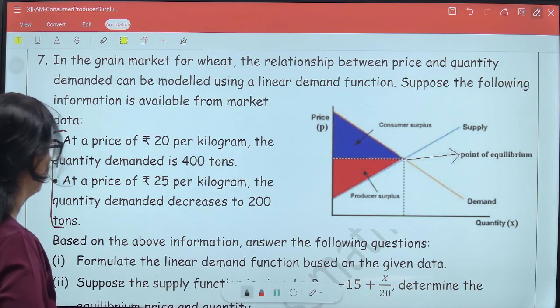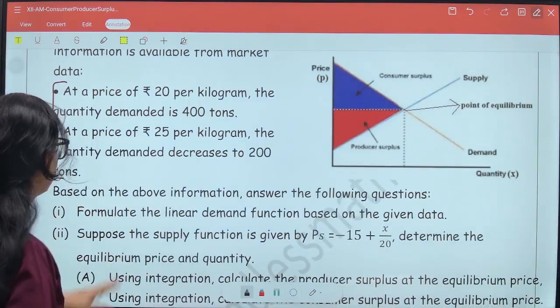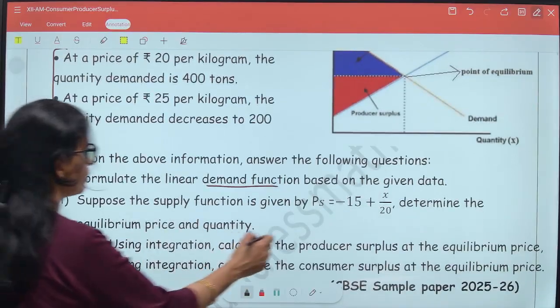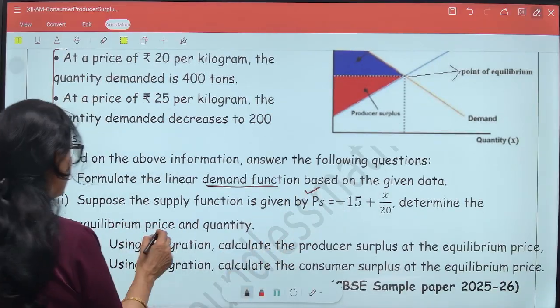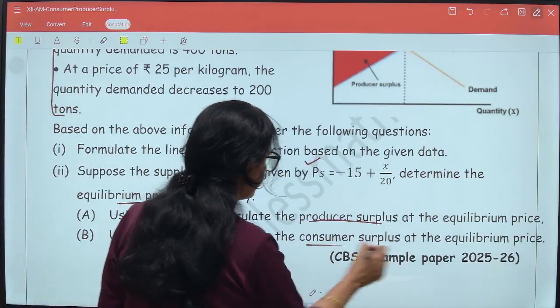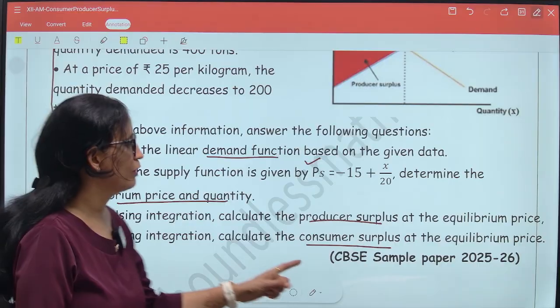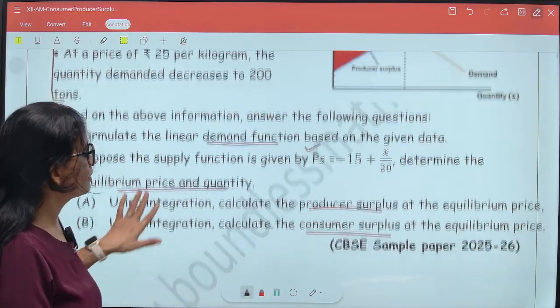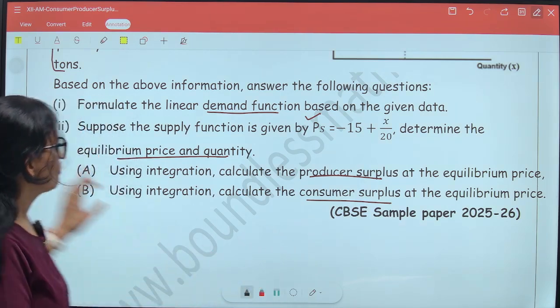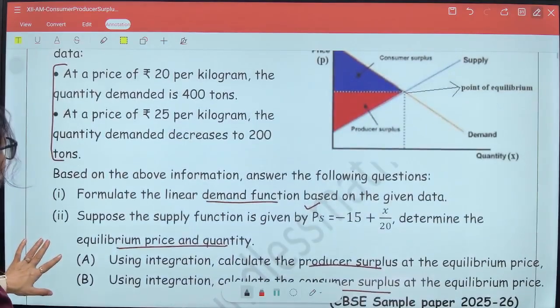Based on the above information, formulate the linear demand function. Suppose the supply function is given. Find the equilibrium price and quantity, and then you need to find producer and consumer surplus. Now this question is part of the CBSE sample paper for the year 2025-26. So it's very important that you understand how to solve such questions.